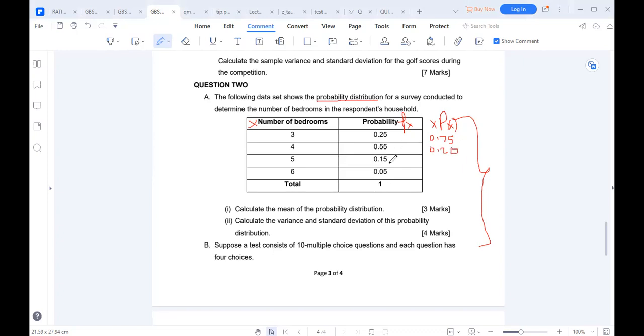Then 4.75, 1.7, then 0.30. When you total up, what do you get?